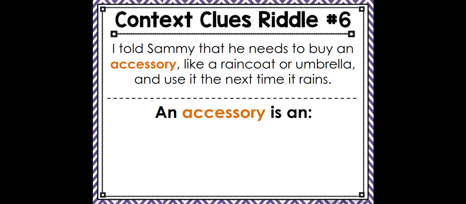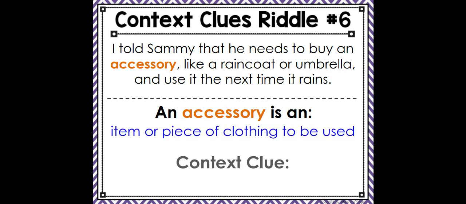What do you think the word accessory means? It's an item or a piece of clothing to be used. The type of context clue is example. We have an example of an accessory right here, a raincoat or umbrella.